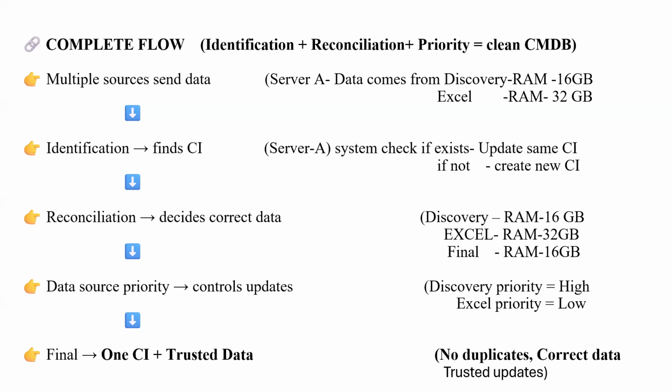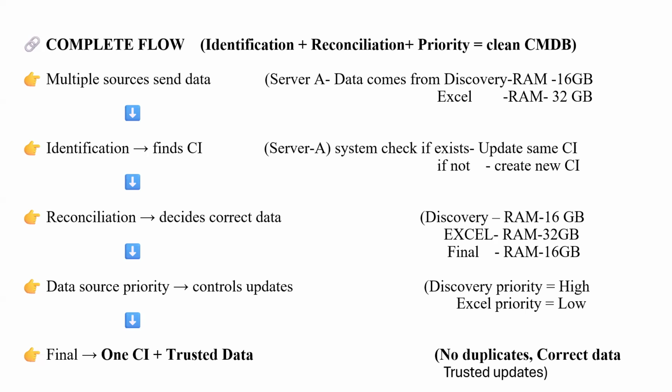Next, data source priority controls the updates. It means data source priority defines which source can update or overwrite the data. A simple example: Discovery priority is high and Excel priority is low.